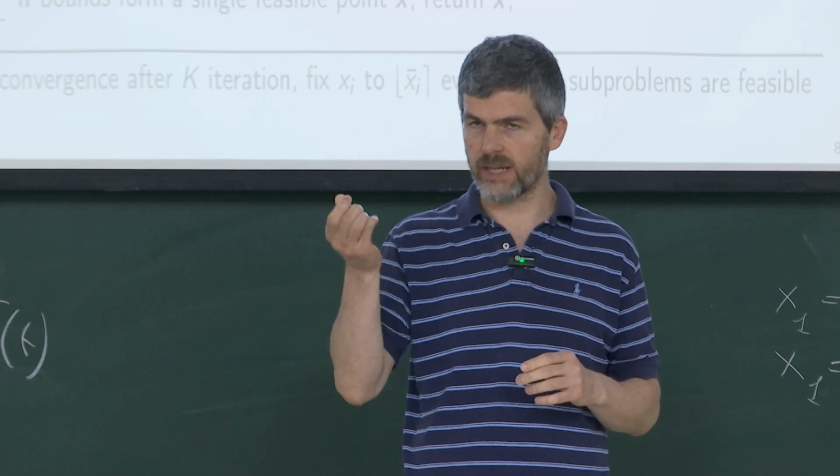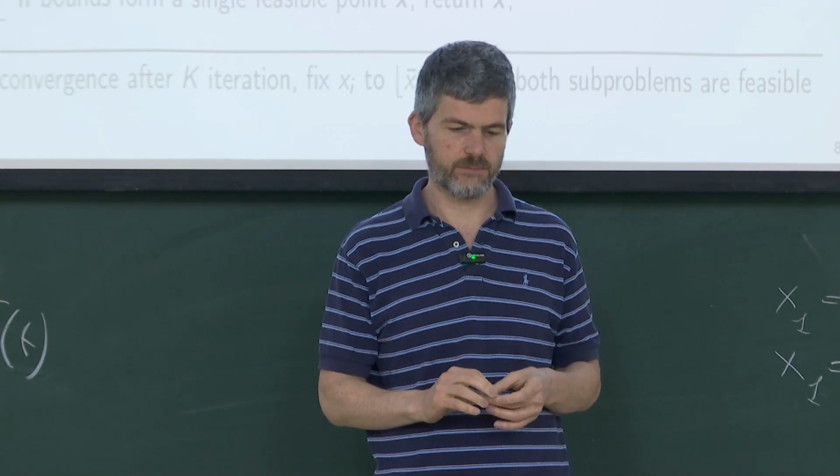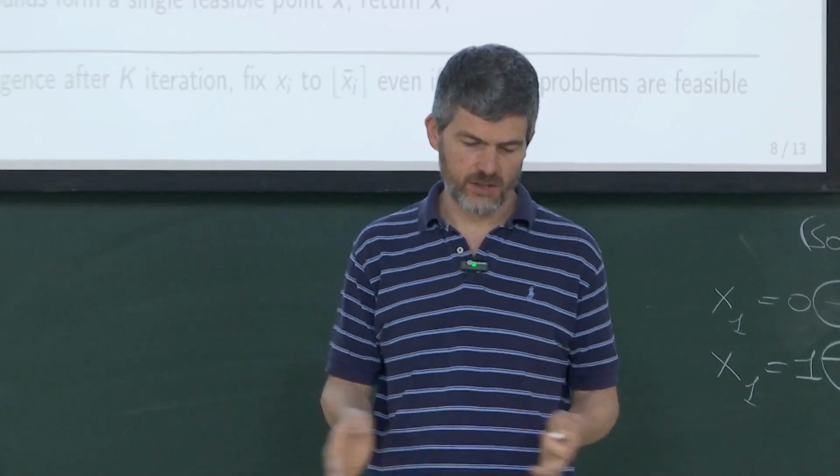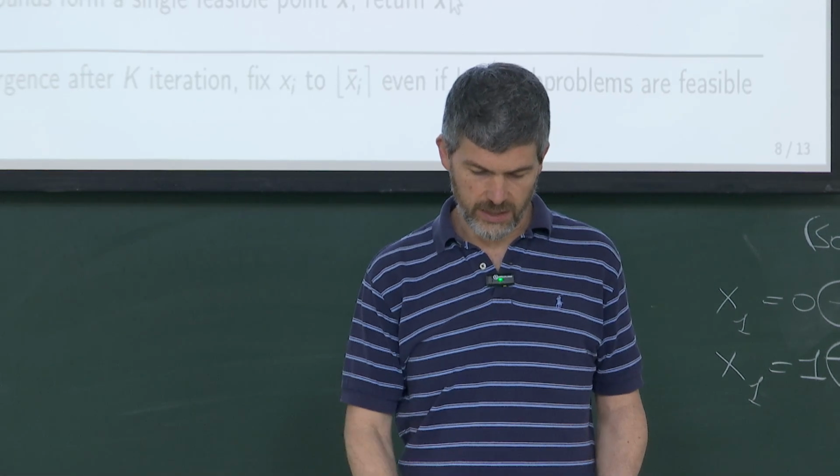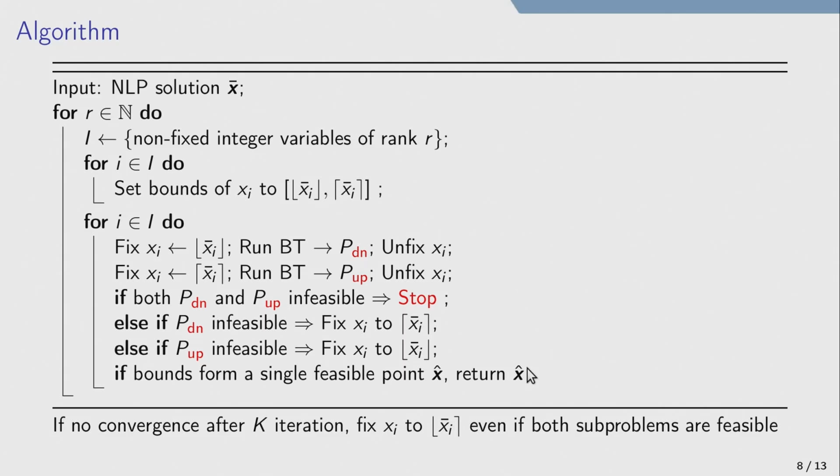So you might just find a feasible solution like that. You run it as long as you have patience, possibly for all the variables in ranking order. Obviously, you stop after k iterations because you don't want this to run forever.